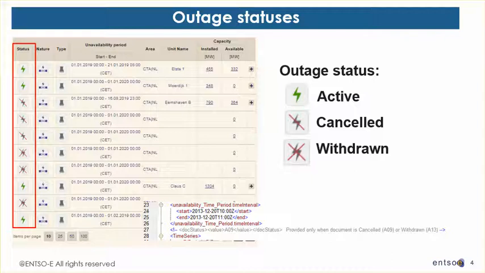Cancelled means, for example, that it was a planned outage, but it couldn't happen because maybe some parts were not delivered, something happened in the market and it was not possible to perform this maintenance, so the outage was cancelled.